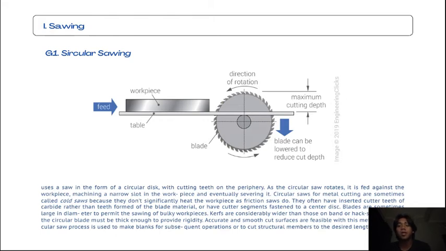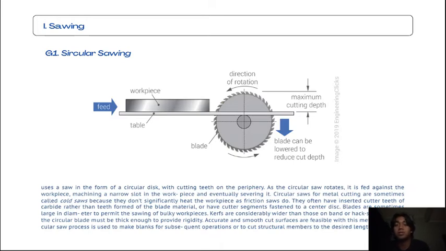Okay, in sawing, the first subtopic is circular sawing, which uses a saw in the form of a circular disc with cutting teeth on the periphery. As the circular saw rotates, it is fed against the workpiece, machining a narrow slot and eventually severing it.